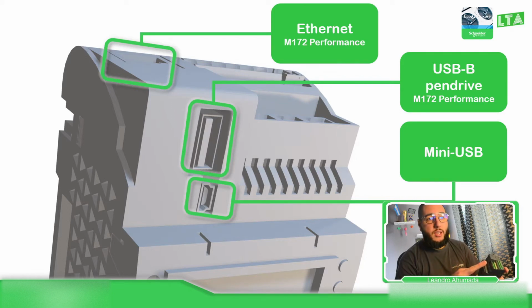If you're using the optimized, as I have here, you don't have the USB-B and the Ethernet, because it's not meant to do that, but you can have an expansion module. But let's focus on some of the features. If you're using the M172 performance, with Ethernet, you can access the web server of the controller to make some modifications and have, for example, your own designed website.